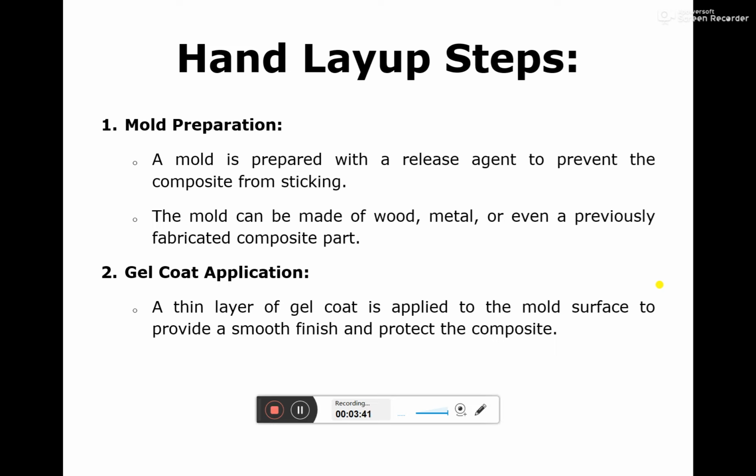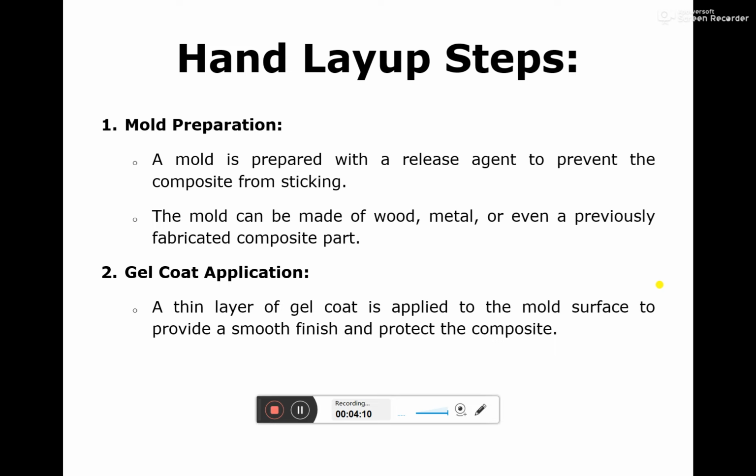After that we will apply some releasing agent. We'll coat one releasing agent over the mold. Maybe you can use the wax material, or in the market there are different types of sprays available, so those releasing agents will be applied over the mold.